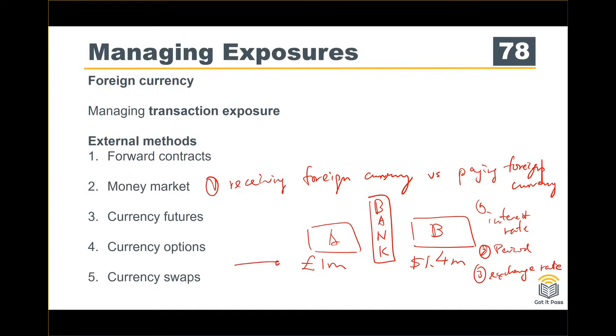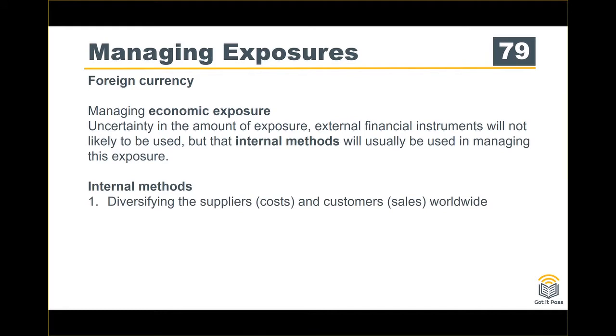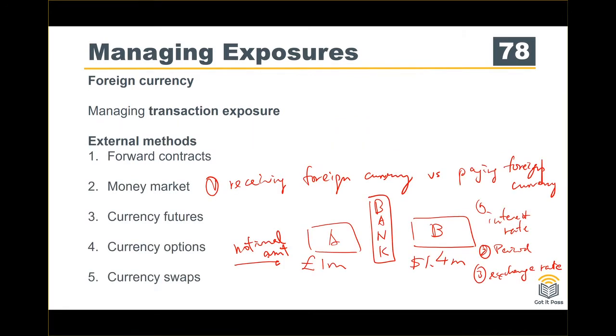This is what we call the notional amount. The two companies have to agree with the bank on these terms, and then they can swap the interest payments and principal.